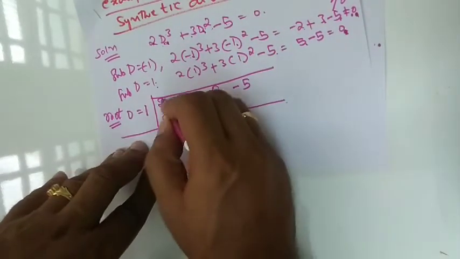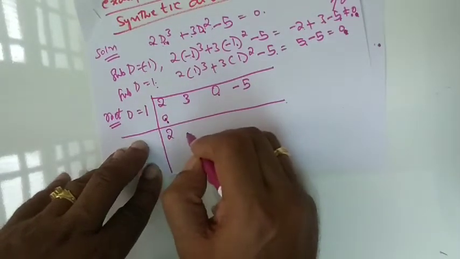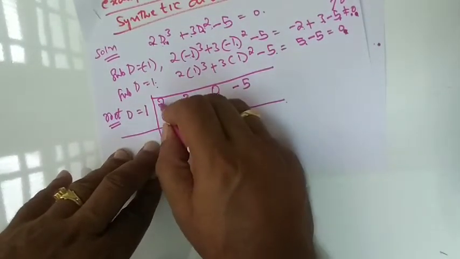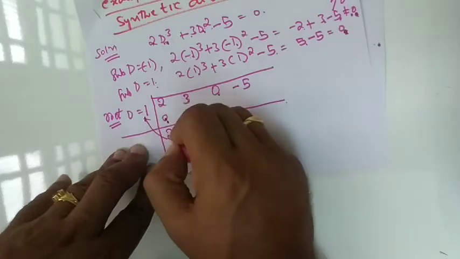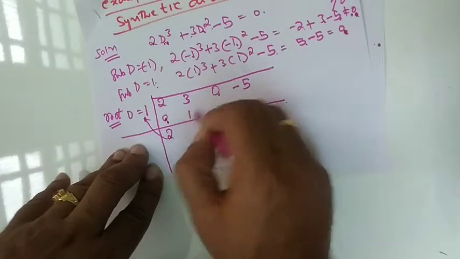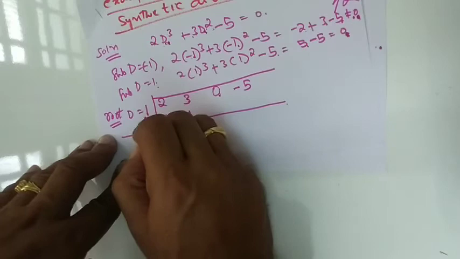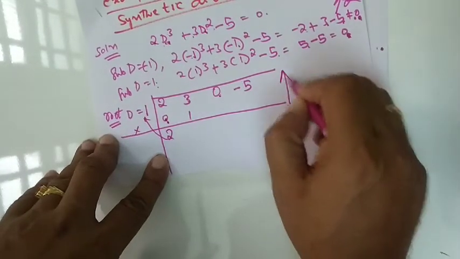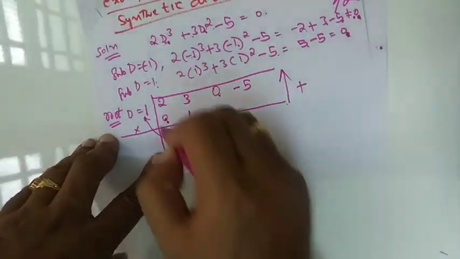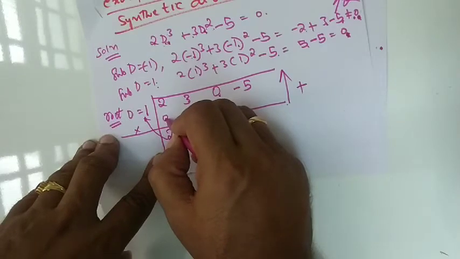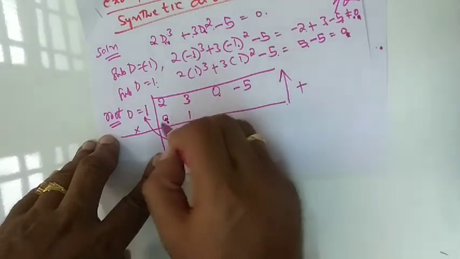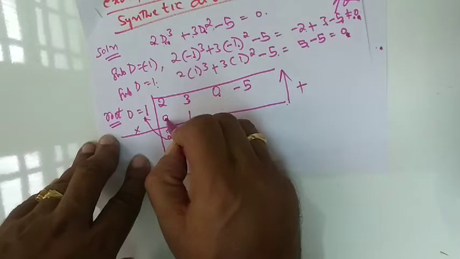Now always you write a 0 here. Add this: 0 plus 2, 2. This way you have to multiply: 2 into 1, 2. So this way you are multiplying, and this way you are adding. Remember, always you keep a 0 here. Write the coefficients and always write 0 here.